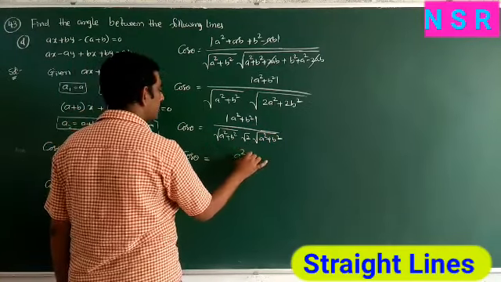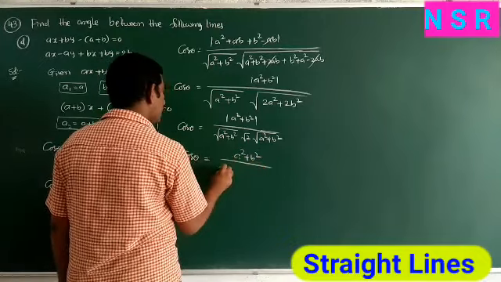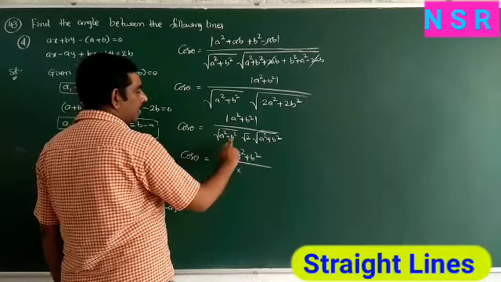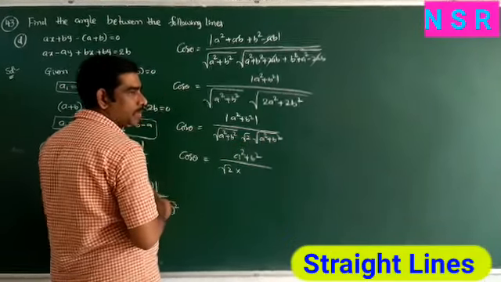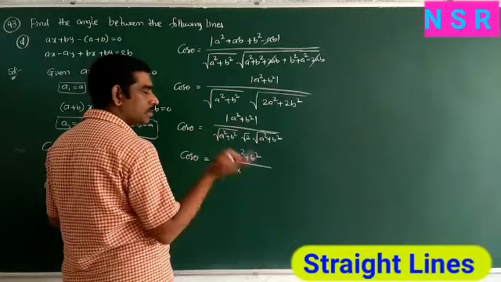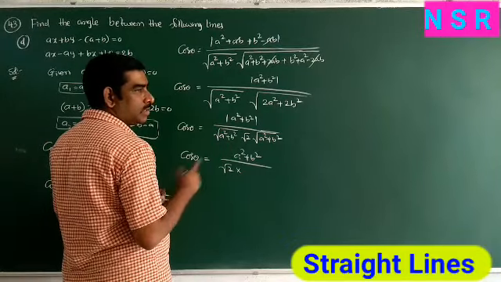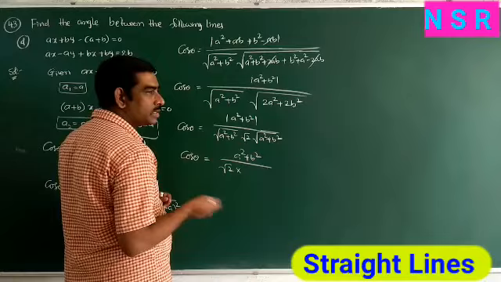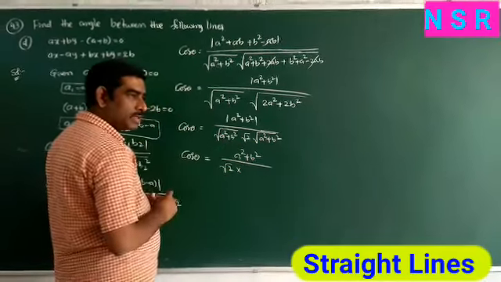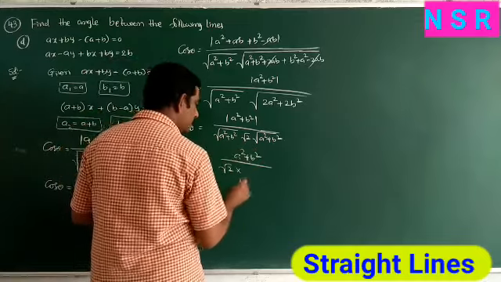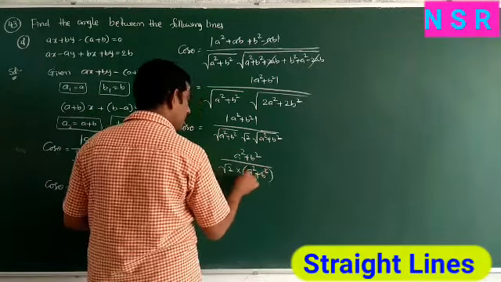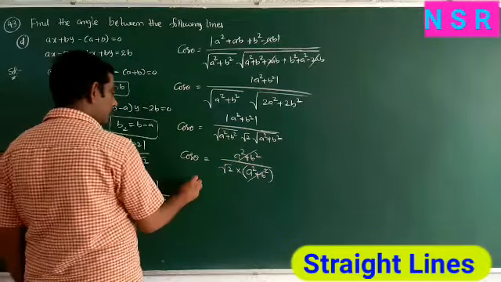So here A square plus B square by root 2 into root A square plus B square into root A square plus B square. The square root gets cancelled. Simply, root x into root x equals x. So by that concept, root A square plus B square into root A square plus B square becomes A square plus B square. Now A square plus B square get cancelled.